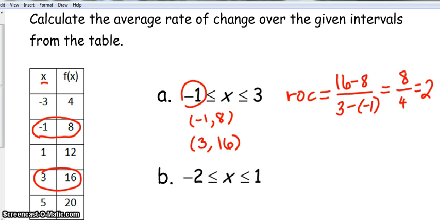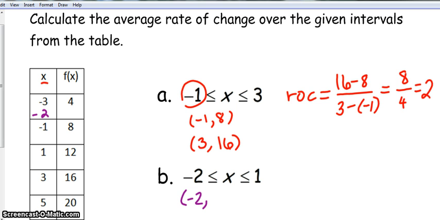Now, looking at this second one, what I want you to notice is that I wasn't quite as friendly. So, x is -2. Well, -2 should be right here, and it's not. So let's see what's happening.